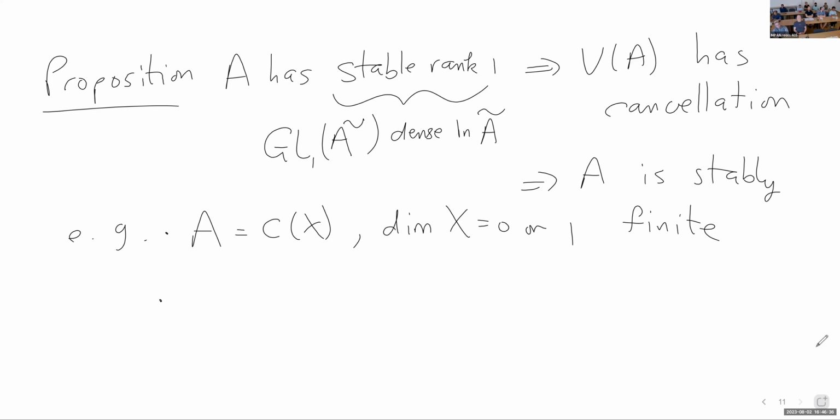Or in fact, it's a very non-trivial theorem that anything that's Z-stable and has a trace is automatically stable rank 1. So this is a theorem due to Rørdam in the unital case, and by some other authors in the non-unital case.